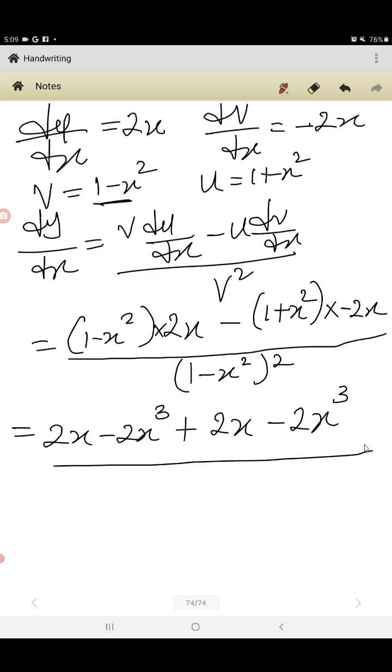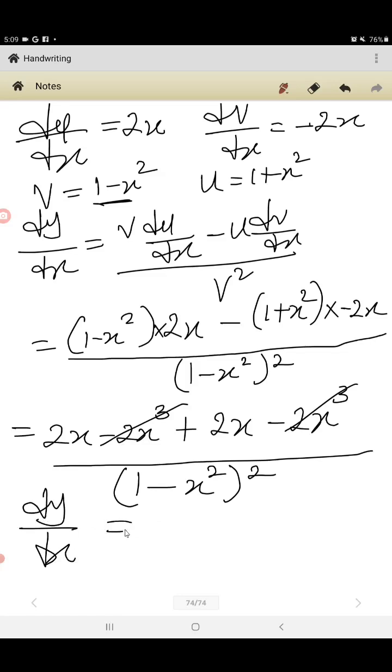We have 1 minus s squared all squared. So this and this will turn to 0. So dy with respect to s will give you 2x plus 2x gives 4x all over 1 minus s squared all squared. That's all. So that is the first example.